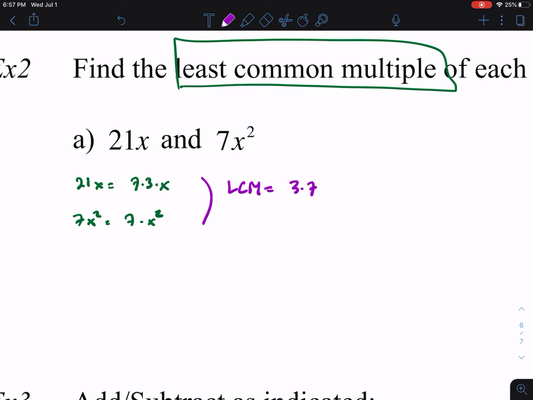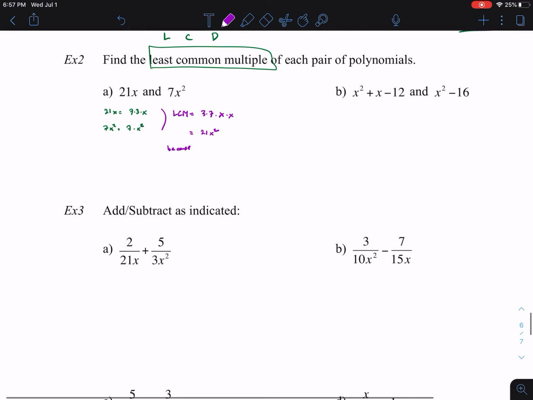It also contains x and also x squared, right? So the LCD in this case is 21x squared, because both 21x and 7x squared divide into it. Okay, so that's just with monomials.